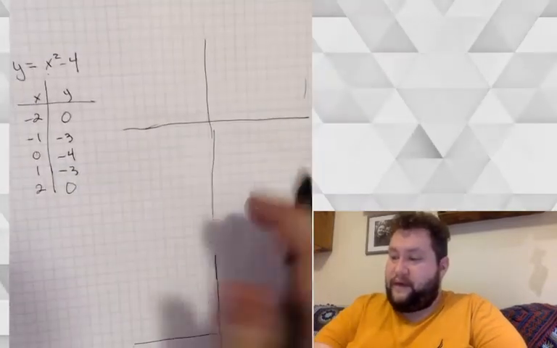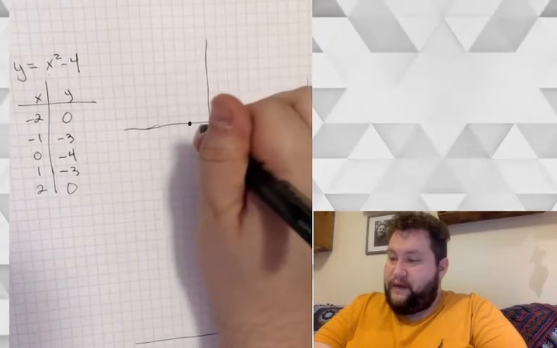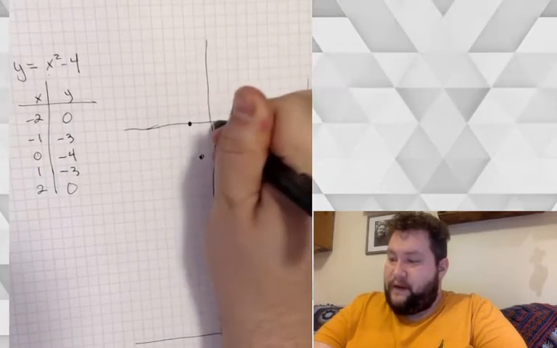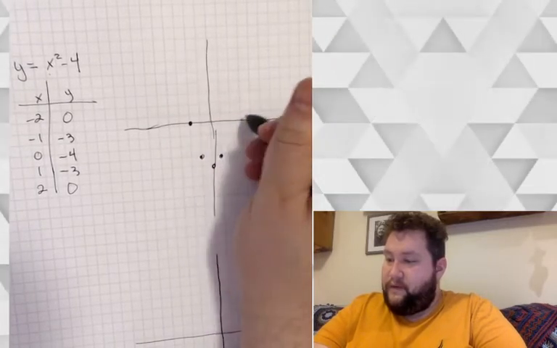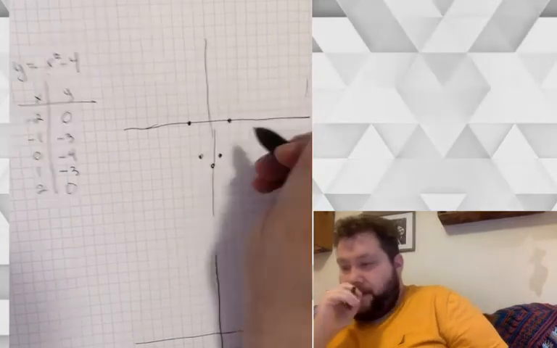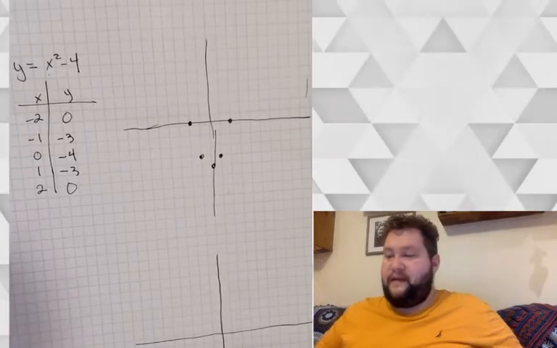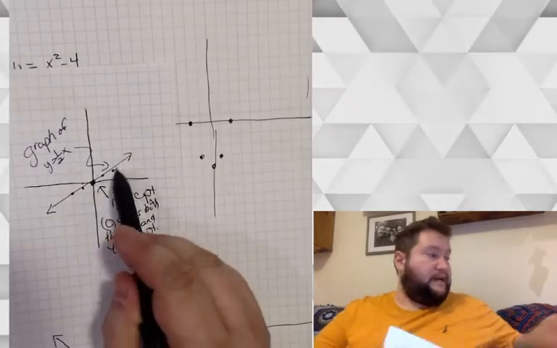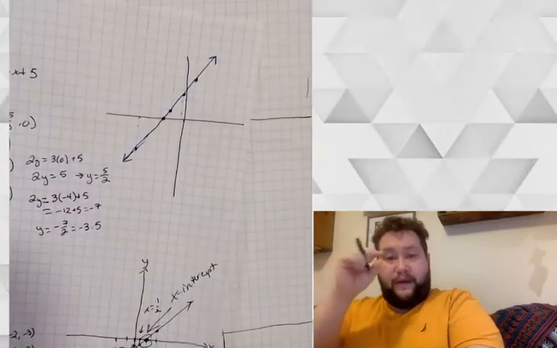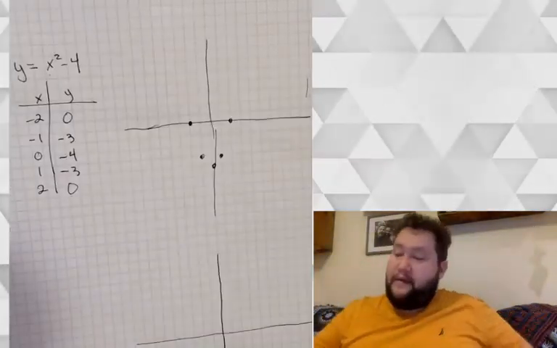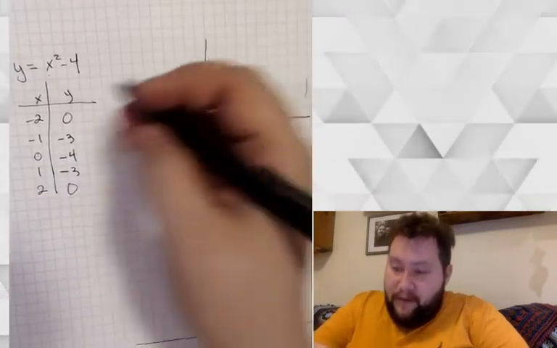And so we have -2, 0, -1, -3, 0, -4, 1, -3, and 2, 0. And notice in our last couple examples, we had these nice, even stair steps between each of our points, right? Where we had this nice even amount between points. What we end up having here, we just made a big jump. And I'm going to go ahead and put a -3.